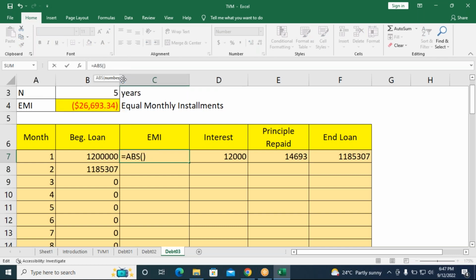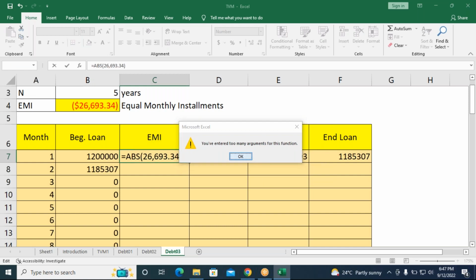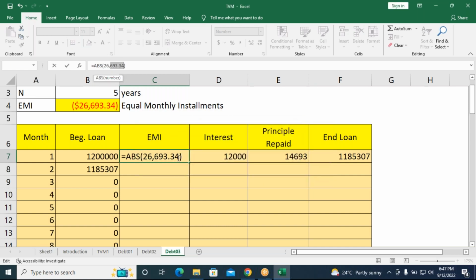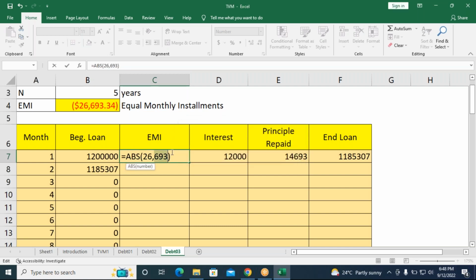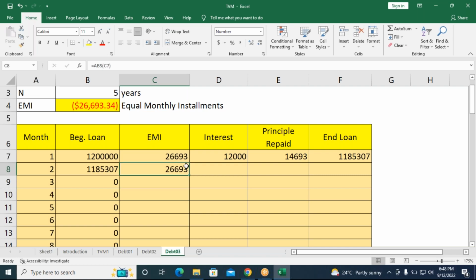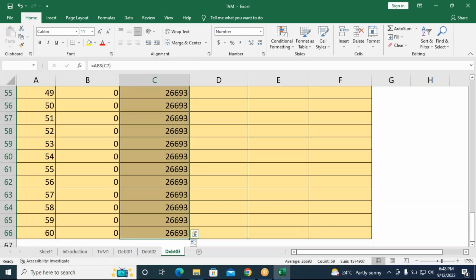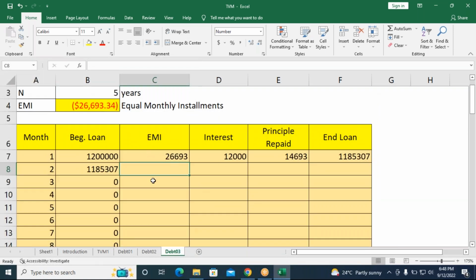Here I'll enter the value 26,693.34. See here, what I have done is, when I'm giving it directly, it is taking in a wrong way.